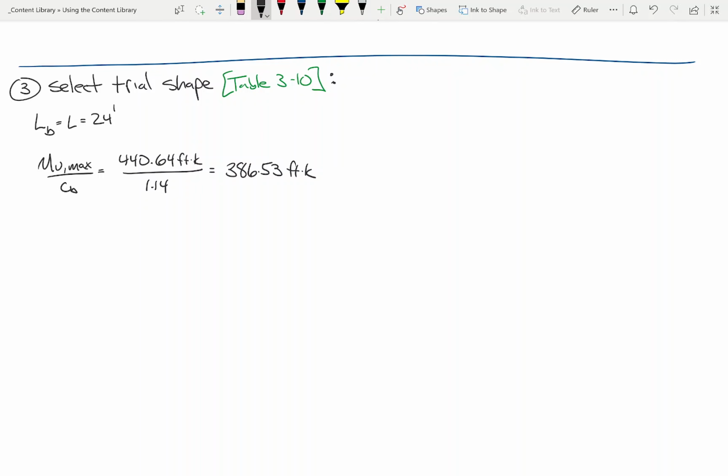That's important. Okay. Now I'm going to give everybody a second, but I want you to go into table 3-10. I want you to see if you can find me the lightest shape inside table 3-10 that meets those requirements. So an LB of 24 and an MU over CB of 386.53. Let's see if I can go through and do it on the screen here with you.